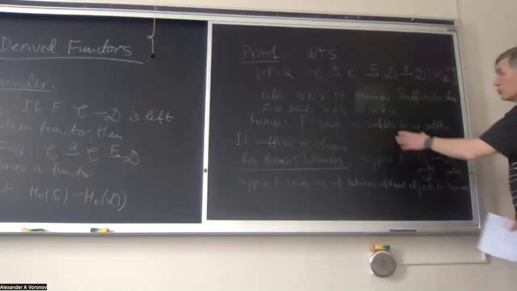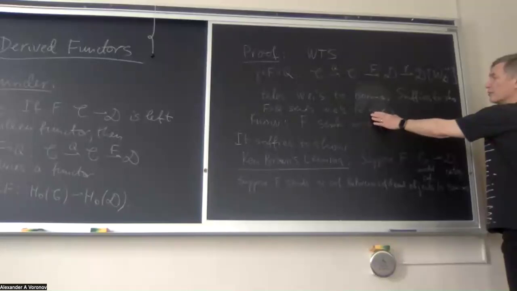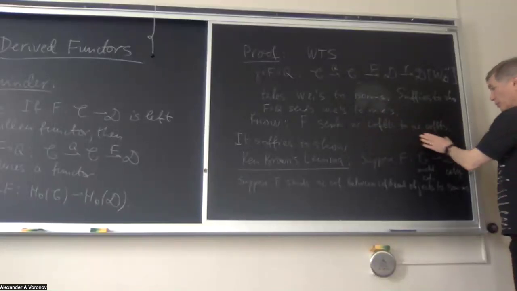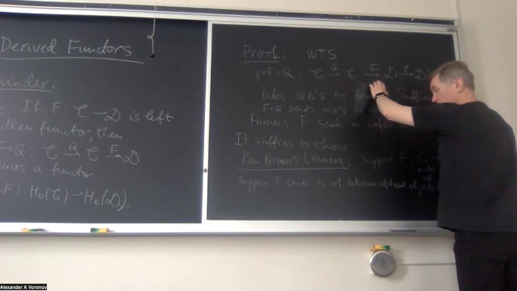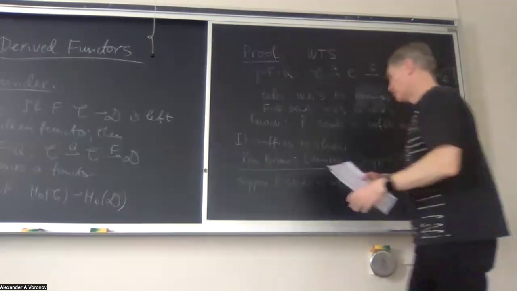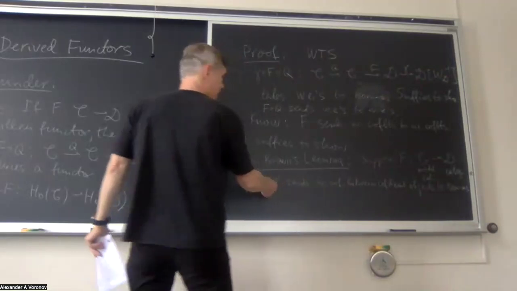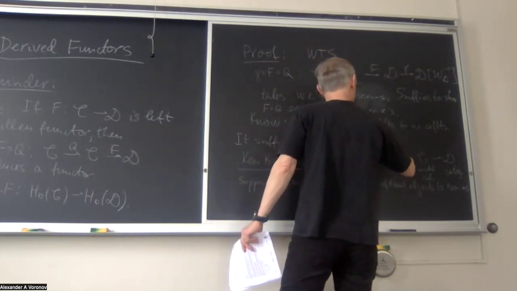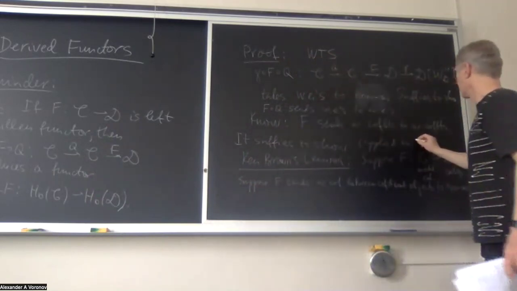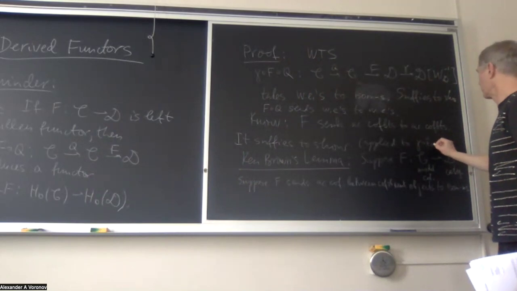This was true about our functor because F sends acyclic cofibrations to acyclic cofibrations, and FQ already sends objects to cofibrant objects, so this satisfies that, right? So this lemma is applied to gamma composed with F.